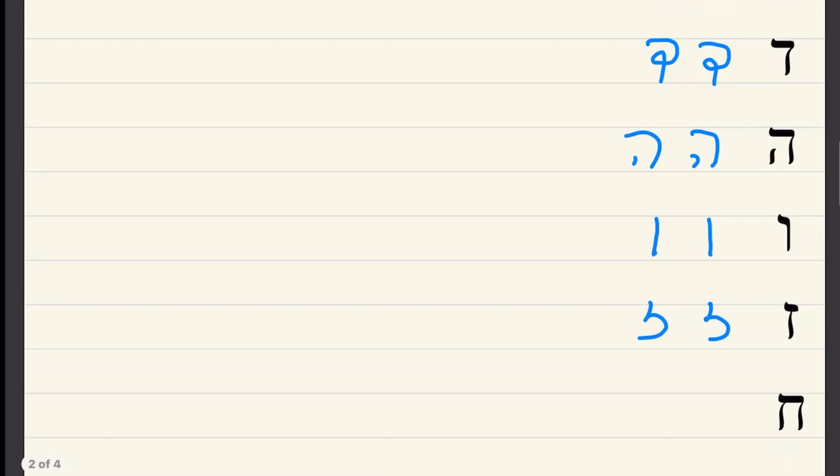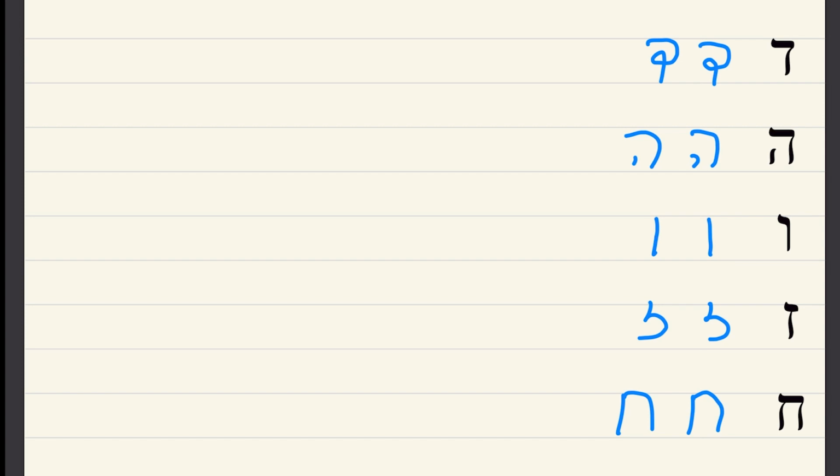All right, the next letter we have is Chet. It's written in script like this. And the sound Chet doesn't really exist in English. It'll be sort of like the word Bach. Not exactly.